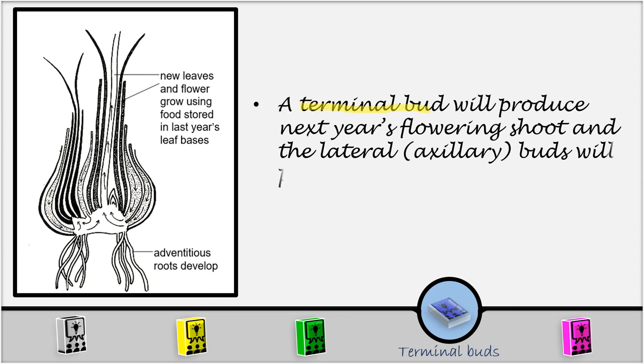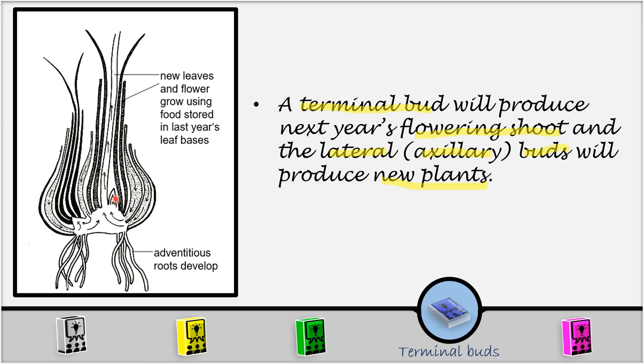Terminal buds will produce next year's flowering shoot. And the lateral, or what we call axillary buds, will produce a new plant. So we were saying that there is a terminal bud, this one here in the middle.